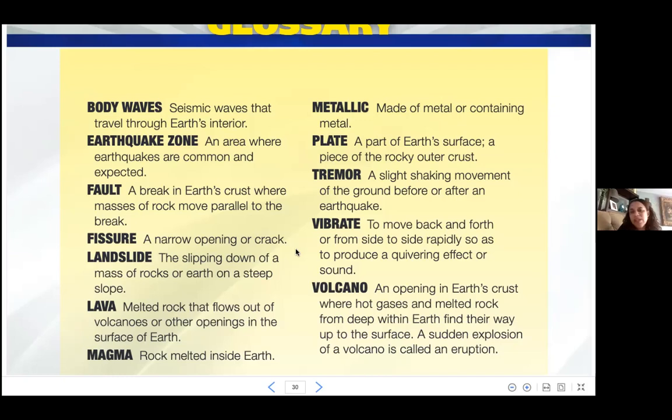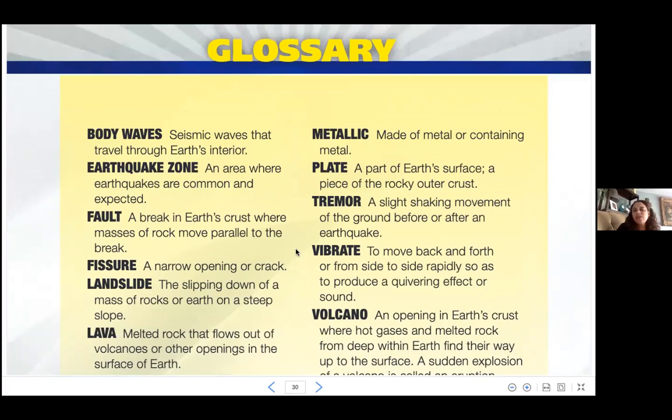But I also wanted to point out that this glossary page is created by the author, and the author figured that these were words the students probably didn't know and would need to know, right? That this would help them understand those words. But students can also put together their own personal glossary, because obviously all of our students have different experiences. They're all at different levels.